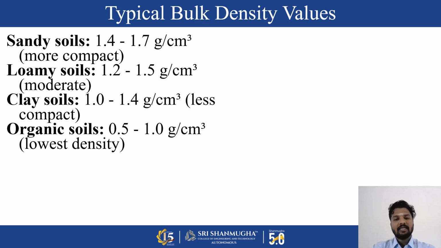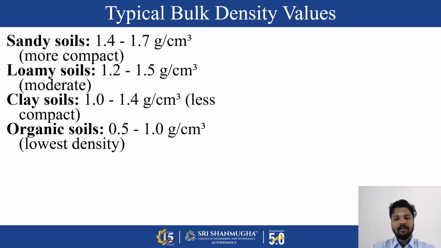Clay soil has a bulk density ranging from 1.0 to 1.4 gram per centimeter cube, and it has less compaction than the other two types of soil above. The final one is organic soil, which has a bulk density ranging from 0.5 to 1.0 gram per centimeter cube. So it has very low density or compaction when compared with all those soils above.